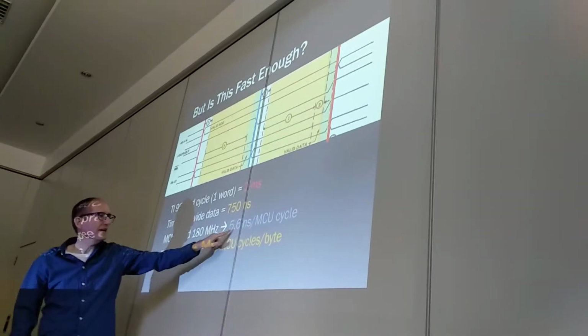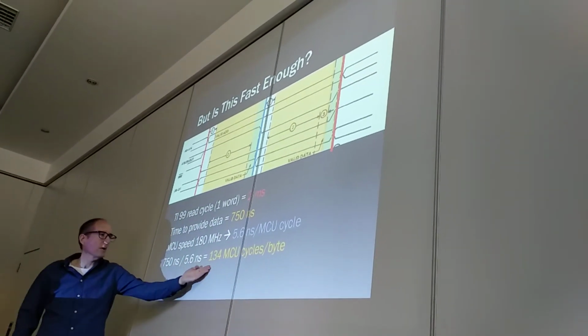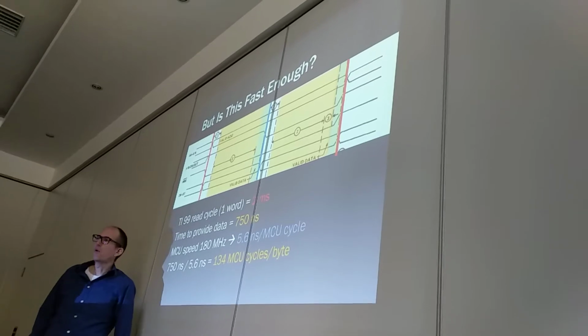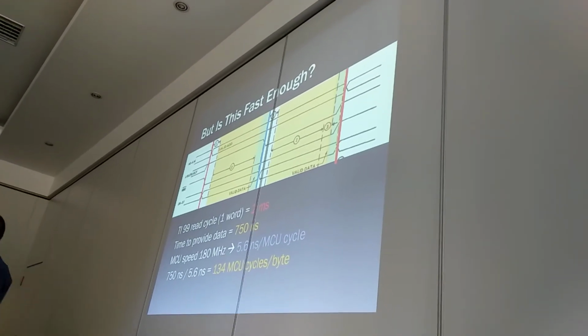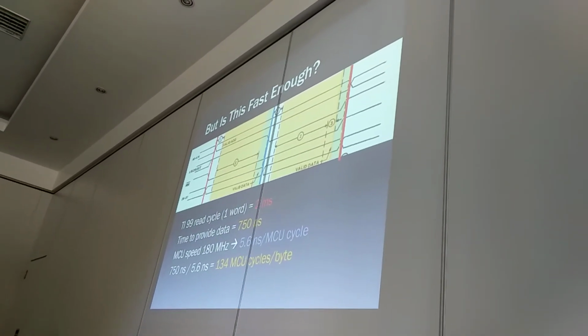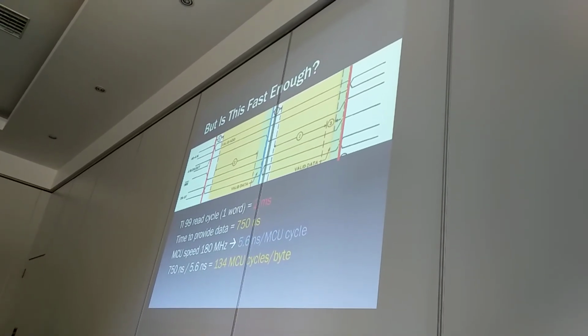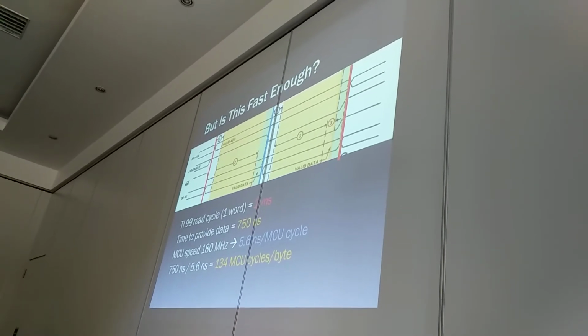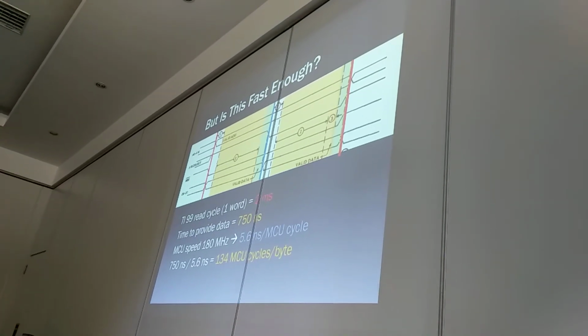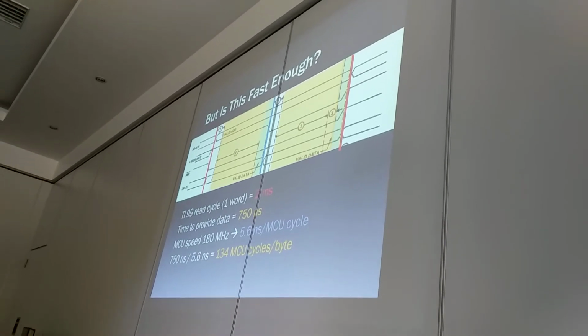So if we divide these two, then we have 134 cycles per byte that we can use. And that's quite a lot, relatively speaking. So you can do quite a lot, but you have to be careful.